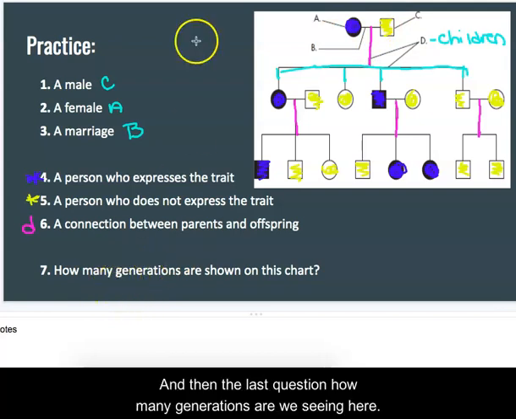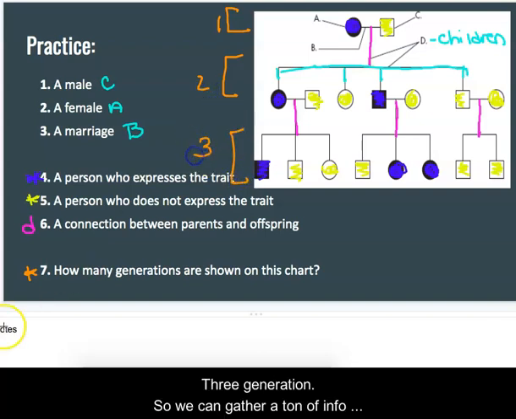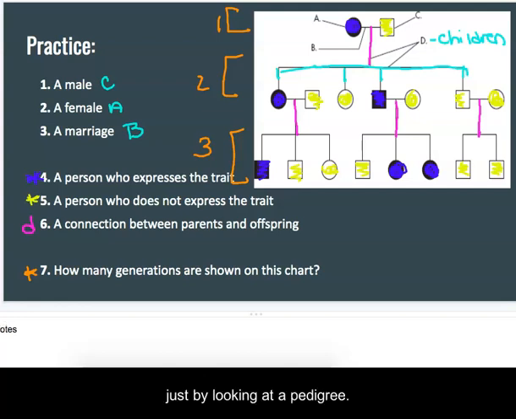And then the last question, how many generations are we seeing here? I'm going to make it orange. We can see 1, 2, 3 generations. So we can gather a ton of info just by looking at a pedigree.